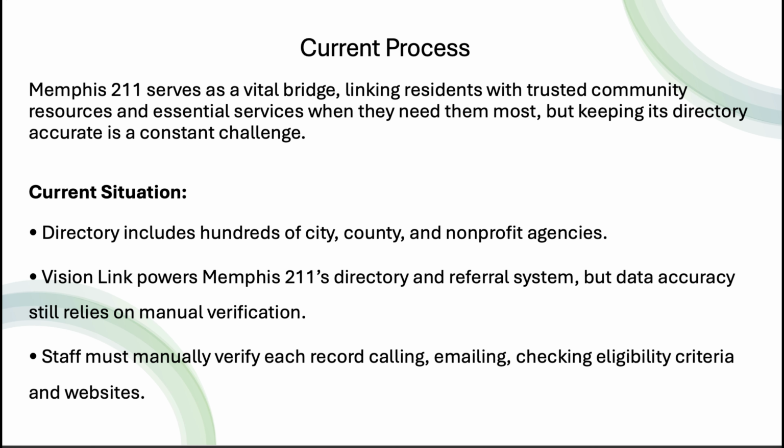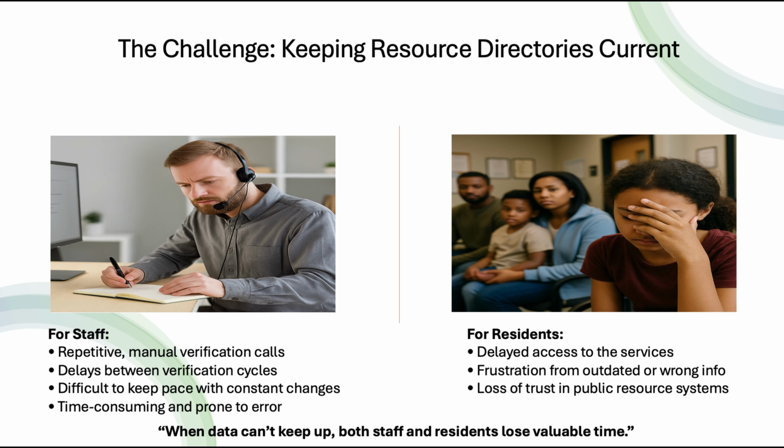Vision Link is the current system that powers 211 for the city of Memphis, but the data accuracy still relies on manual verification. The staff must manually verify each record, calling them, emailing them, and checking their eligibility criteria, phone numbers, and addresses. So the goal of our project is to get the right data at the right time, which gives real impact.